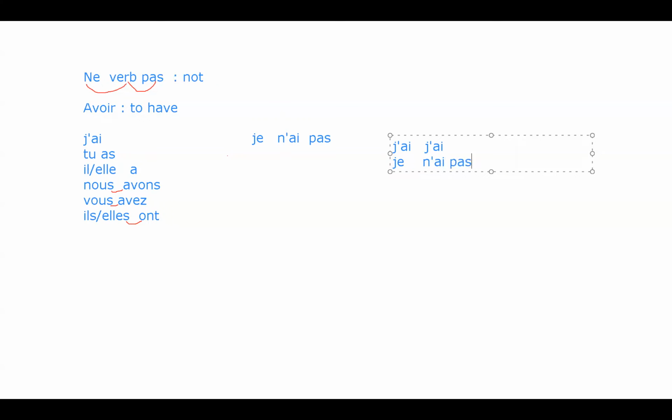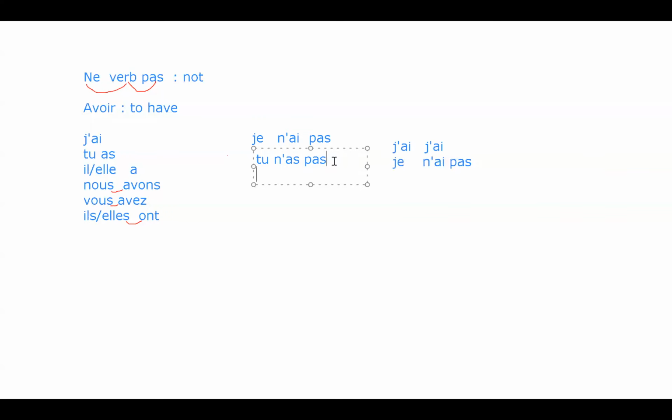So whenever a verb starts with a vowel, we put n and an apostrophe because we can't put two vowels together. For example, if I say you don't have, so tu is there. Now here, ne and as, then pas. You can see there are two vowels, e and a, together. So remove e and put an apostrophe. This becomes tu n'as pas. So tu n'as pas means you don't have.